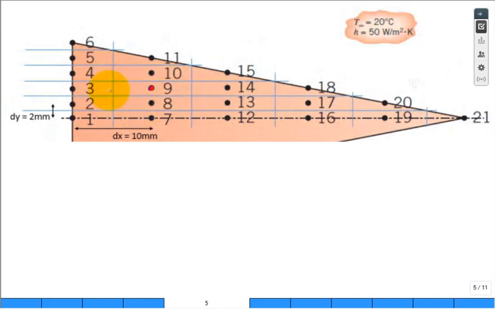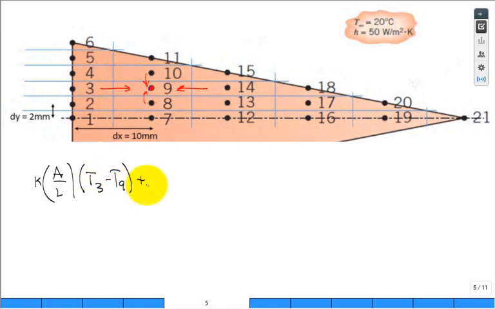So the energy balance is going to be the sum of 4 conductive heat transfers into the node must equal to 0. So the first term, let's go from 3 to 9, would be a thermal conductivity of the material, an area to length ratio appropriate for node 3 to 9, times the temperature of node 3 minus the temperature of node 9.